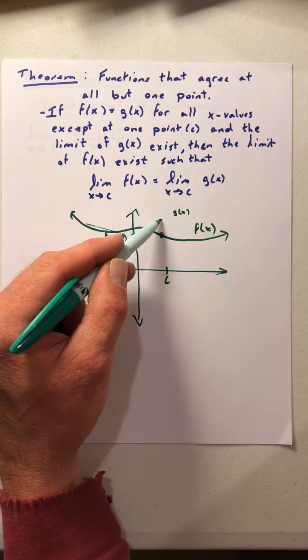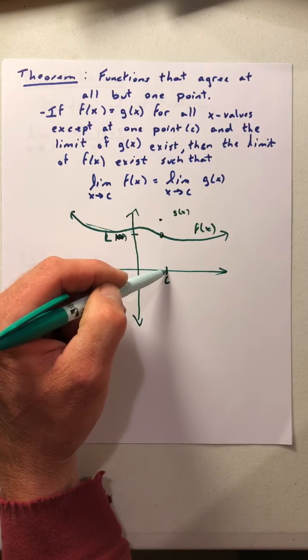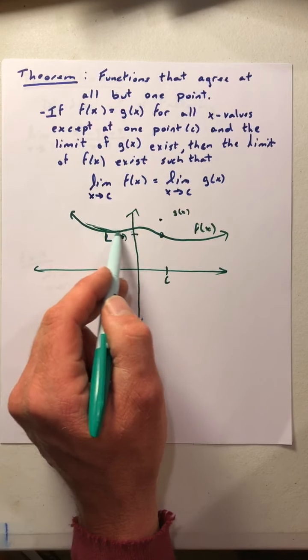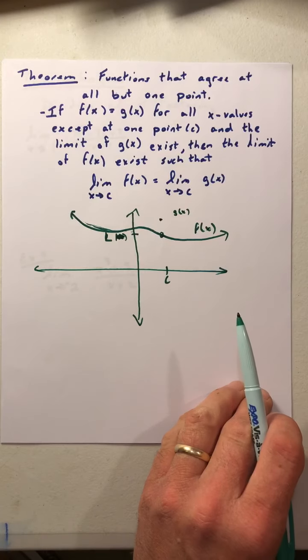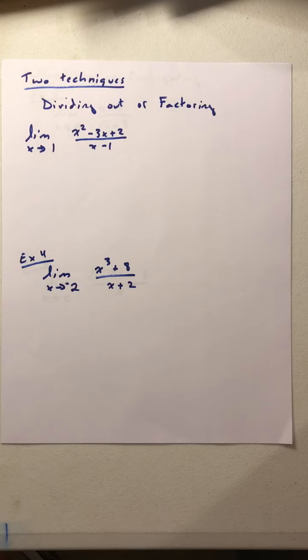Not that the two values are the same as x gets closer to c, but the branches get closer to that same value of L. So how does that play into the limits of these functions?